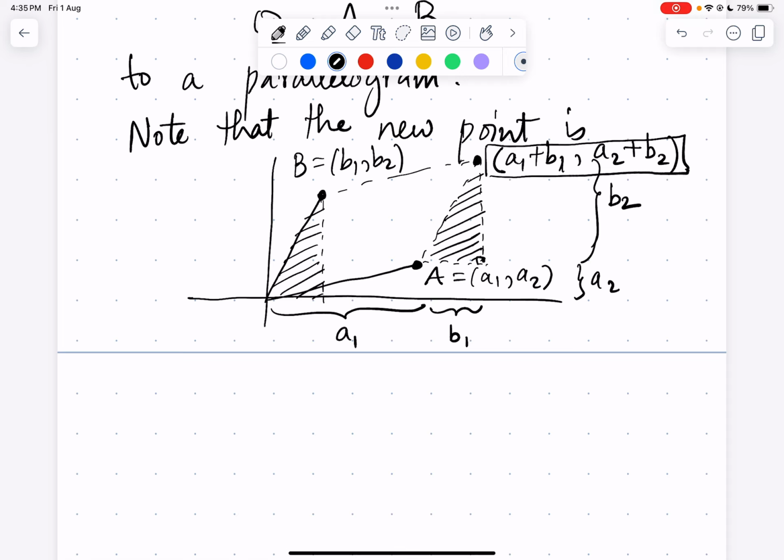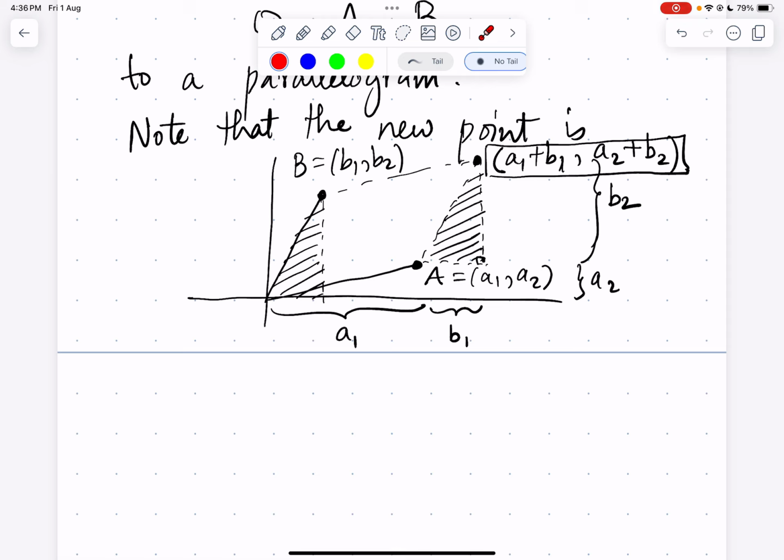When you're completing the parallelogram, the x coordinate of the fourth point is clearly a1, so the length till here, plus whatever is this length. But because it's a parallelogram, this length is just this length, the x coordinate of b.